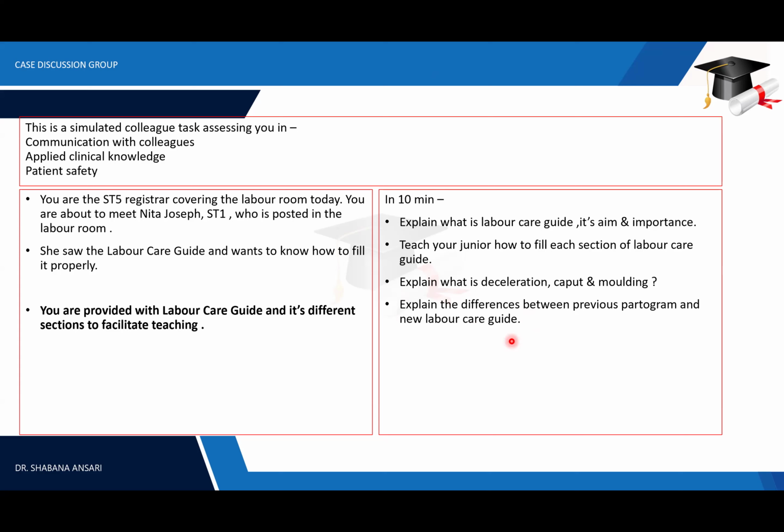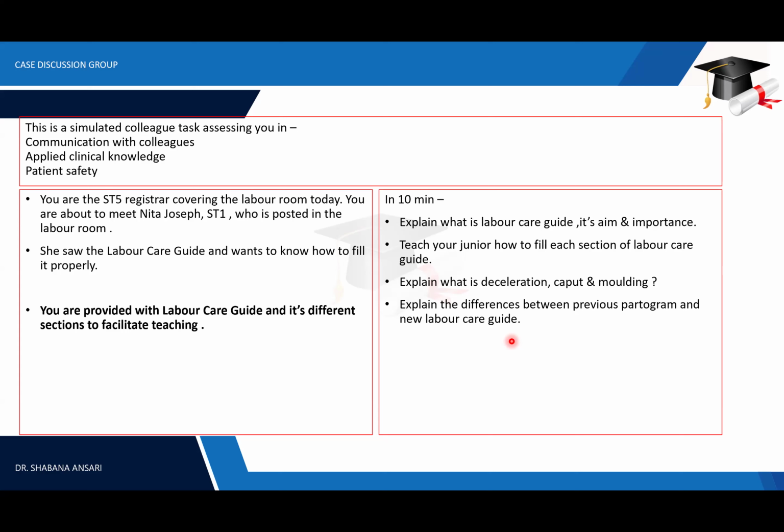In the previous one and the WHO Labor Care Guide, initially the active phase was 4 centimeters of cervical dilatation, but now it is considered as 5 centimeters. Initially there was 1 centimeter fixed per hour dilatation, with an alert line and action line.